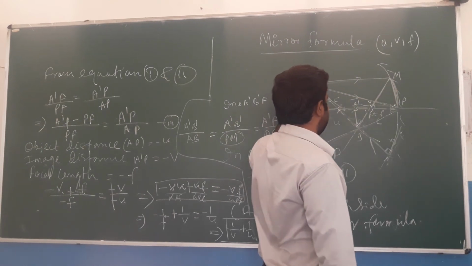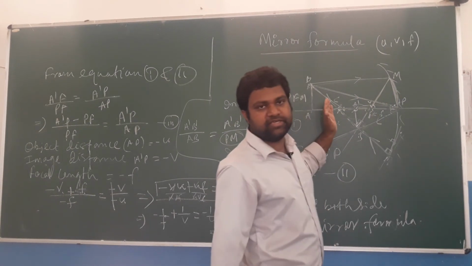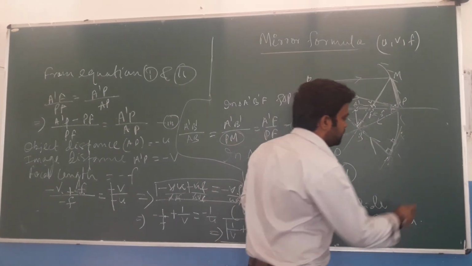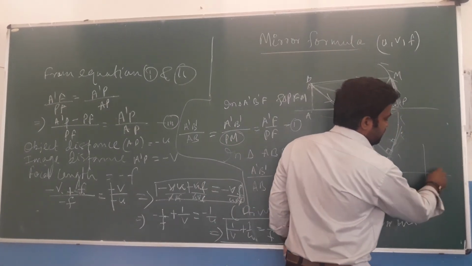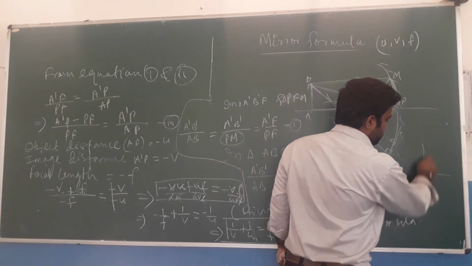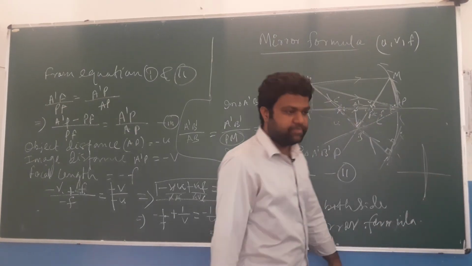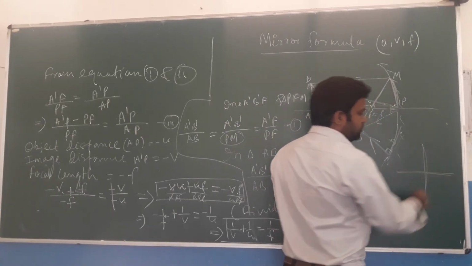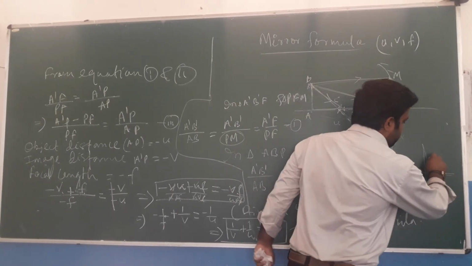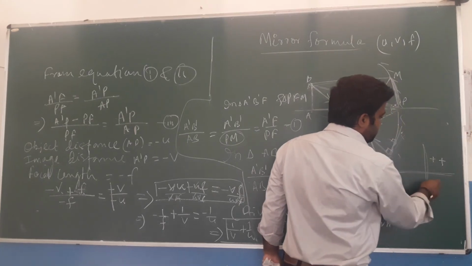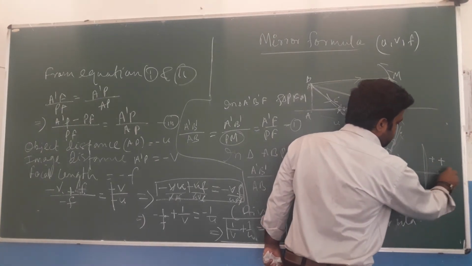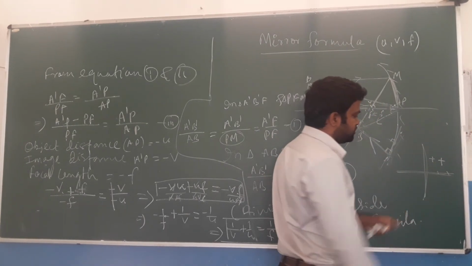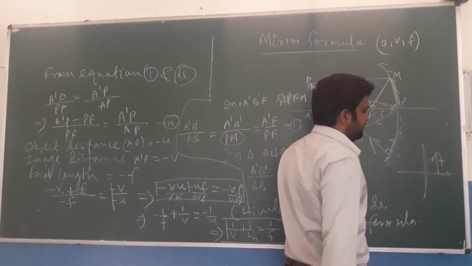U, v and f, left side everything is negative because you know the Cartesian coordinate system. Suppose you consider the y-axis as mirror and the x-axis as your principal axis. Everything which comes on the first quadrant will be positive. Height above the axis will be positive.